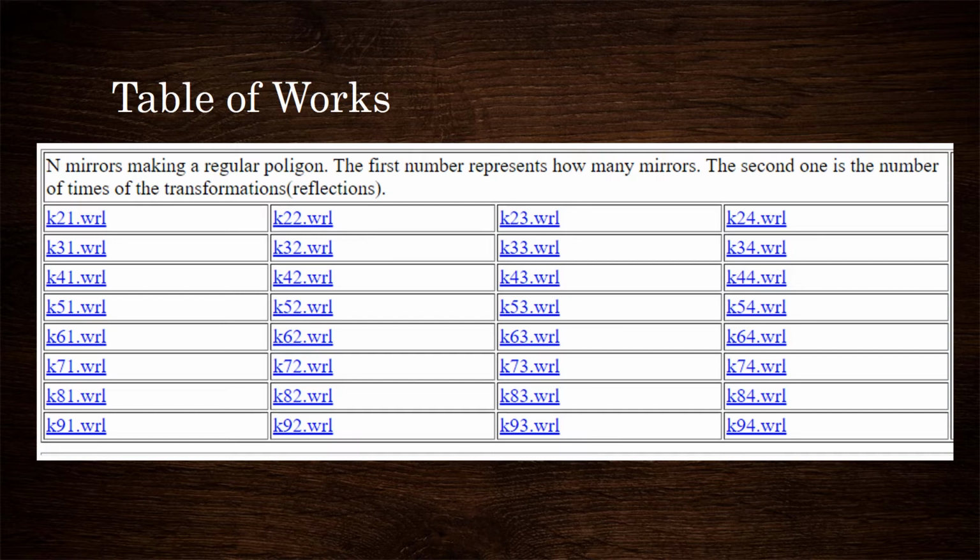So n mirrors making a regular polygon. The first number represents how many mirrors. So 2 means 2 mirrors, 3 means 3 mirrors. And the second number is the number of transformation reflections. So first number is the number of mirrors, and second number is transformations.